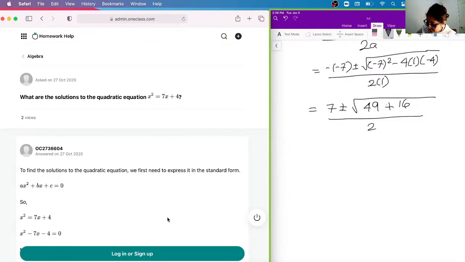Now we just have to further compute this. We have 7 plus or minus root 65 all over 2.